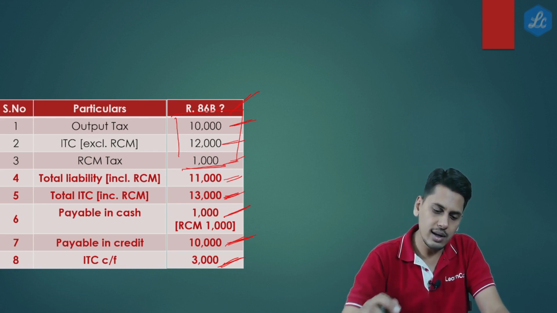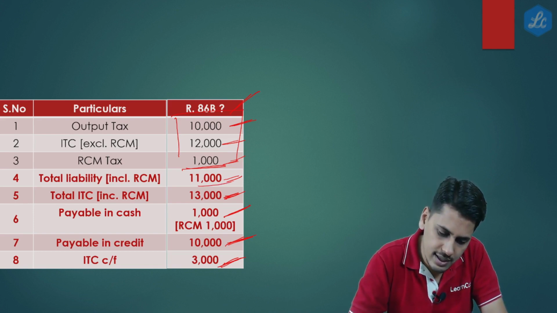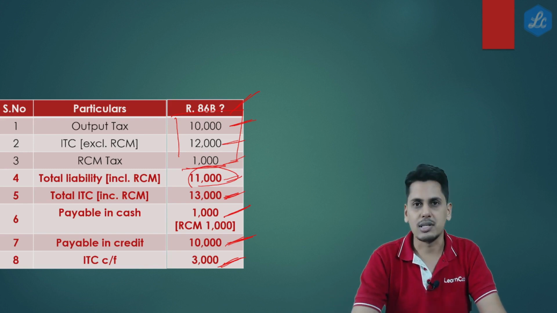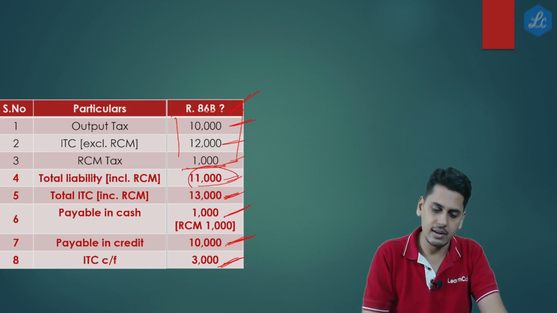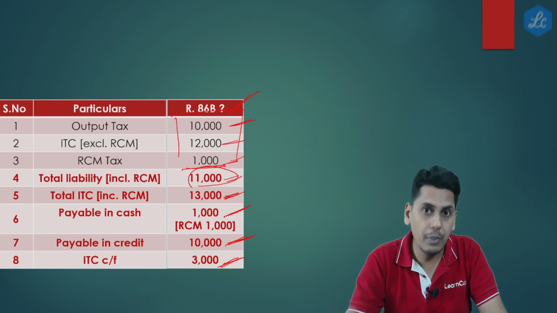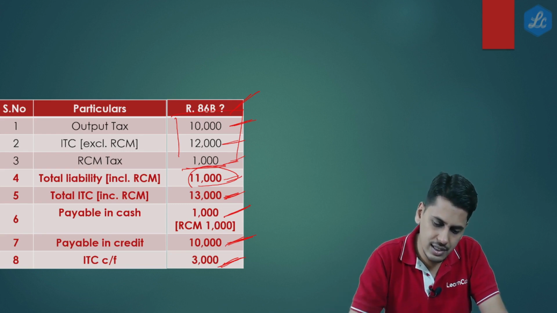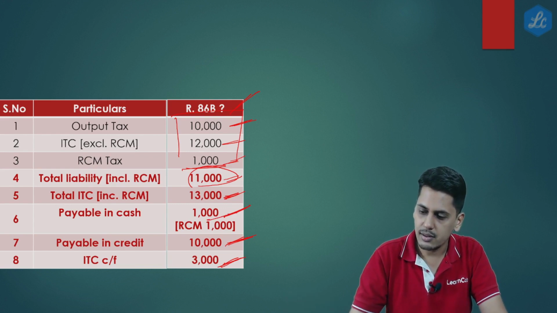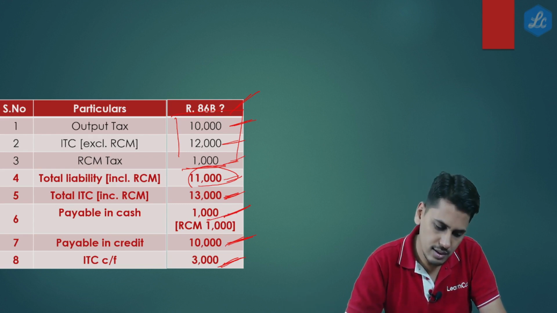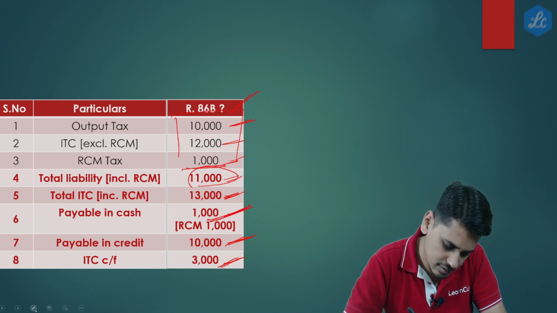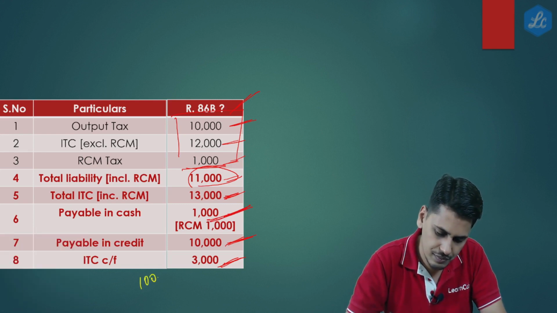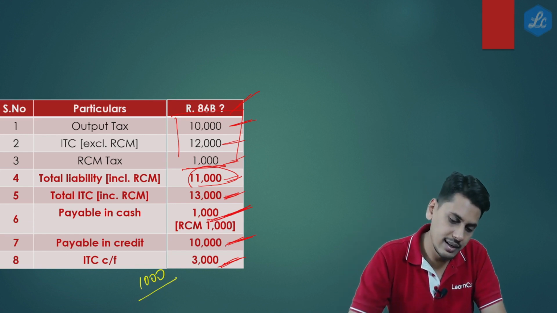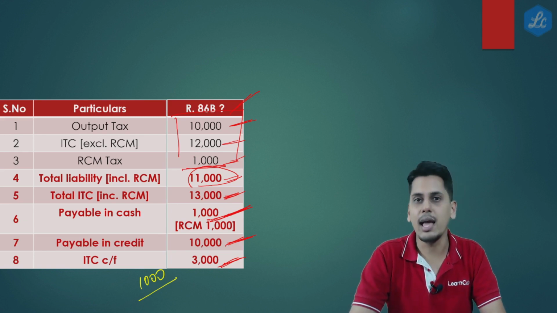Friends, what is the total liability? Total liability is 11,000. I repeat, total liability is 11,000. How much have I paid through cash ledger? I have paid 1,000 through cash ledger. Now friends, 1,000 is what I have paid from my cash ledger, divided by total liability.